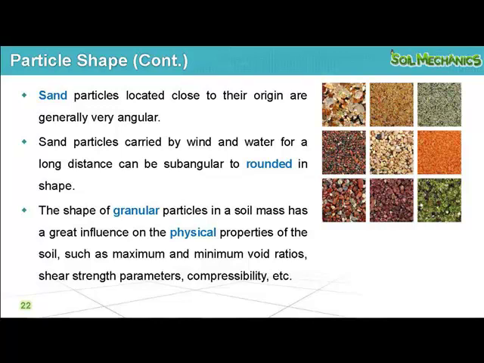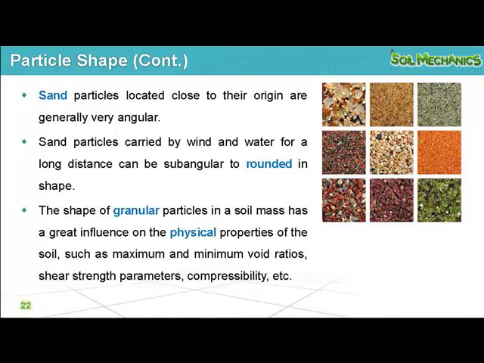So its shape can have a great influence on the physical properties of soil, like maximum void ratio or minimum void ratio. Void ratio refers to the void space inside the soil, the void space connecting one soil grain to another soil grain.